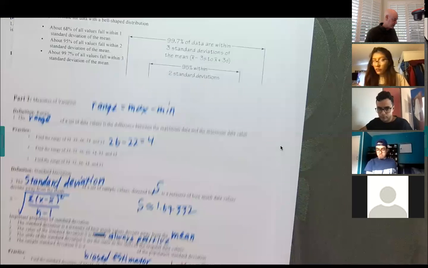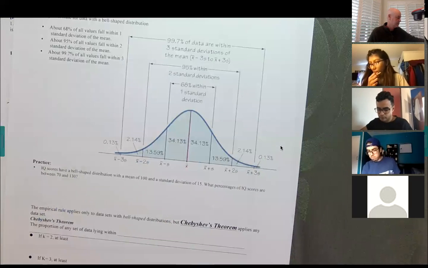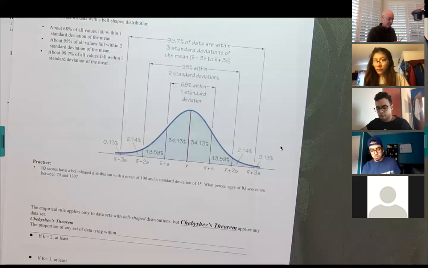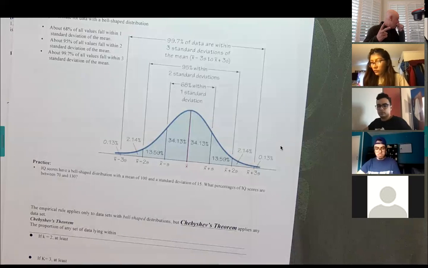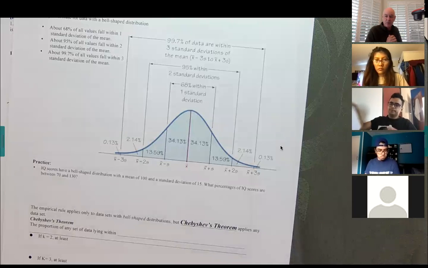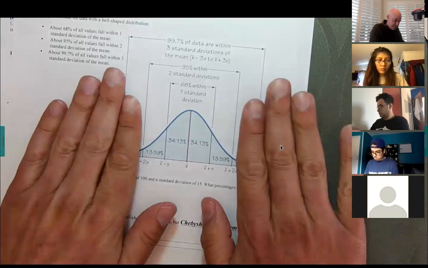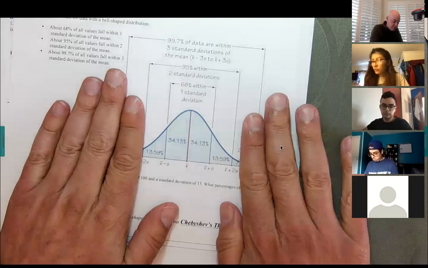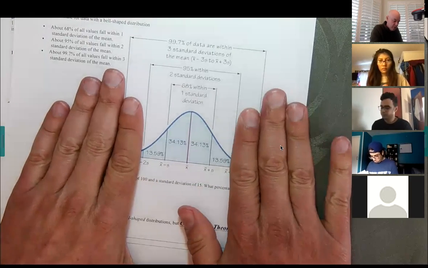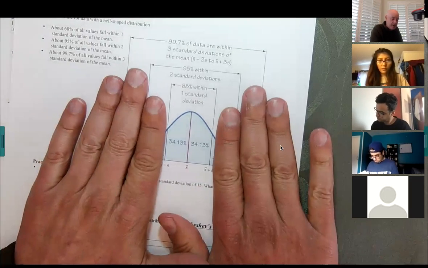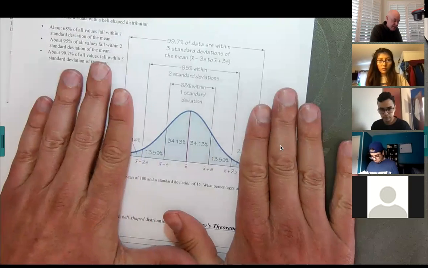One last thing I'd like to show you is when we go 2 standard deviations away from the mean, we're going to capture 95% of the data. Here we are 2 standard deviations away. 1 standard deviation away, we capture 68%, 2 is 95%.